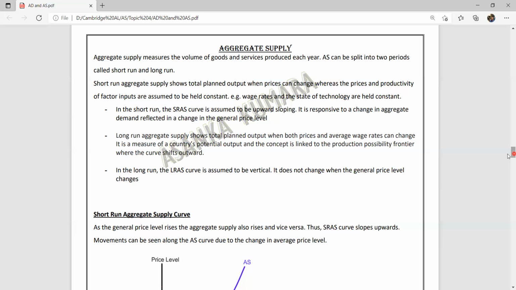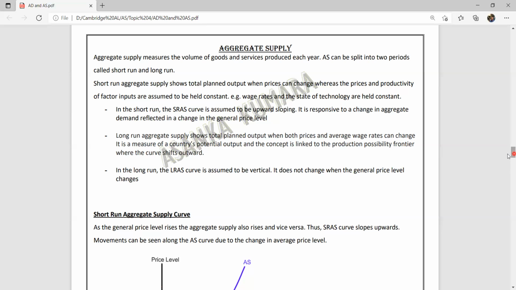In the short run, the SRAS, the short run aggregate supply curve, is assumed to be upward sloping. It is responsive to change in aggregate demand and in the general price level.